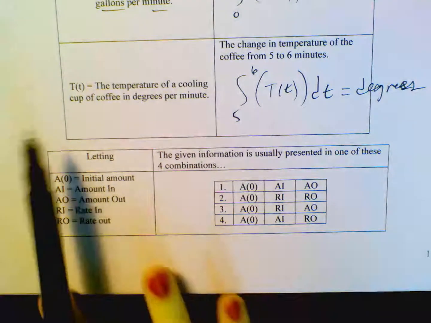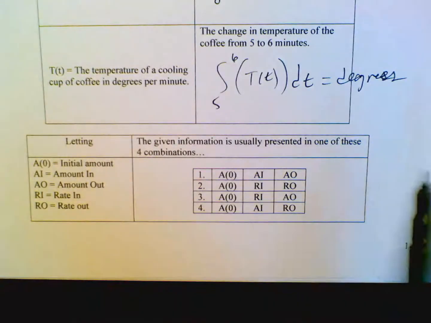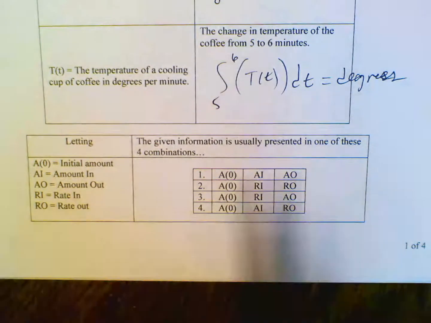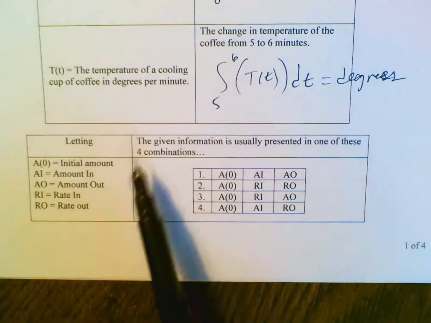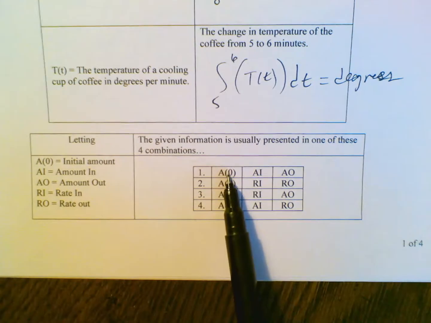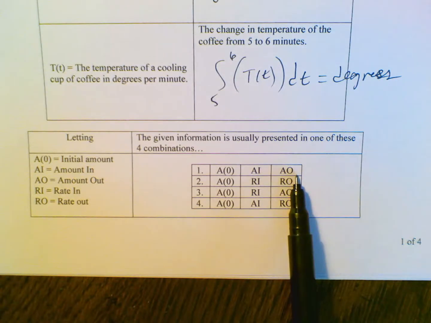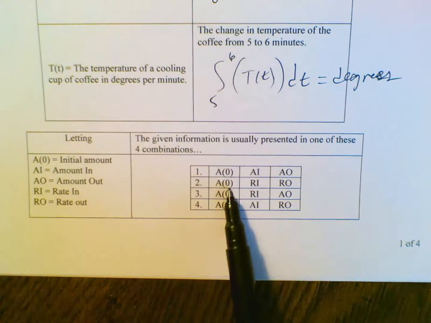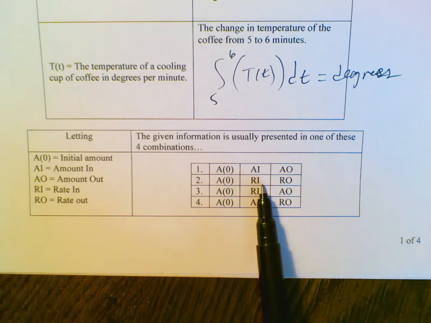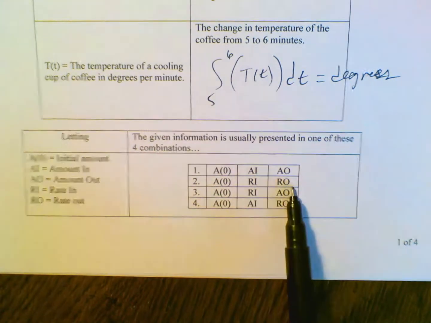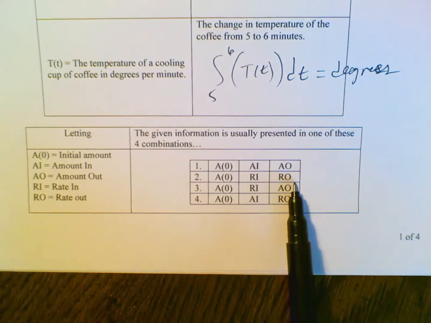And what I noticed when I was doing some of these problems to get ready for teaching this is that basically the given information is usually presented in one of these 4 combinations. Initial amount, amount that has gone in, amount that has come out. Initial amount, the rate at which something is going in, and the rate at which something is coming out.